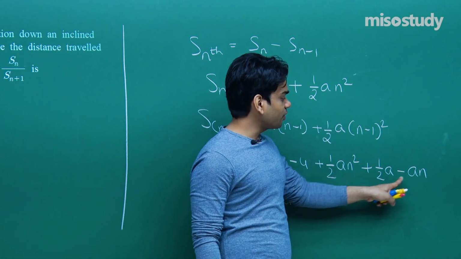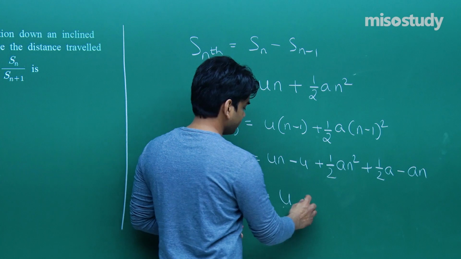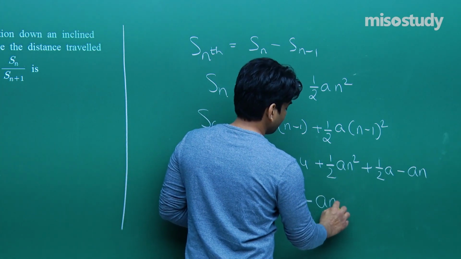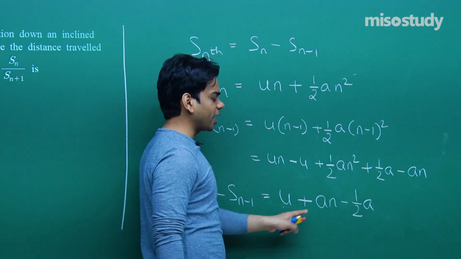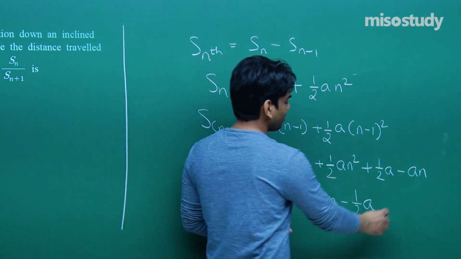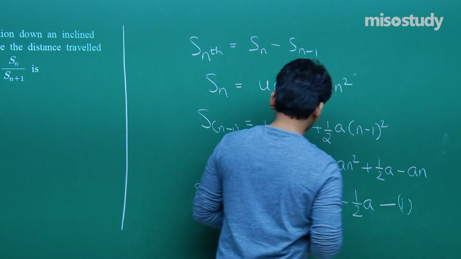This will be plus half a and minus an, giving plus an minus half a. So you can remember this equation for the distance traveled in the nth second.